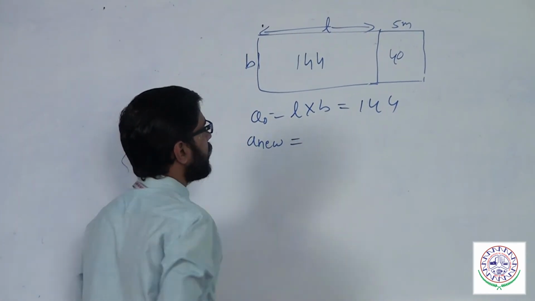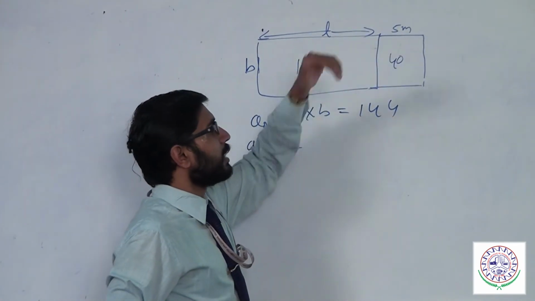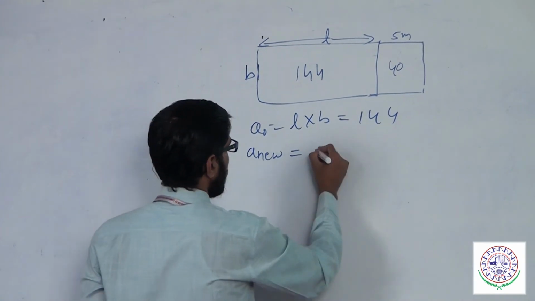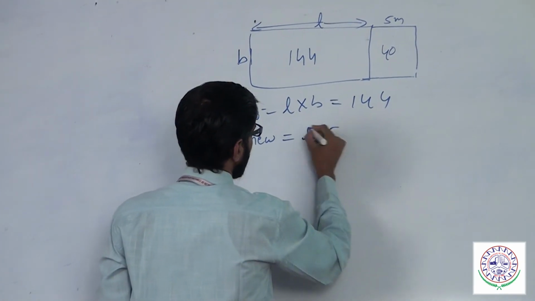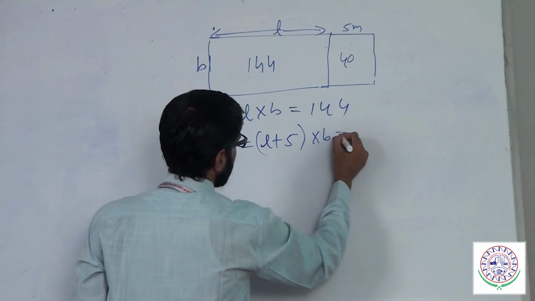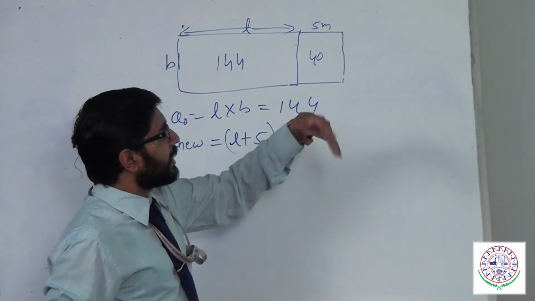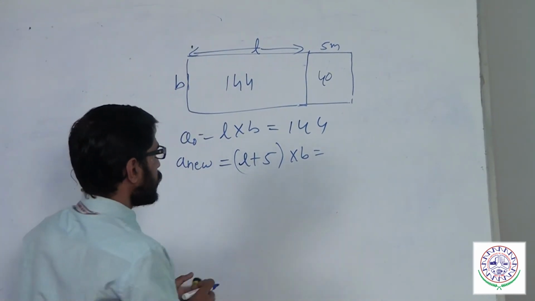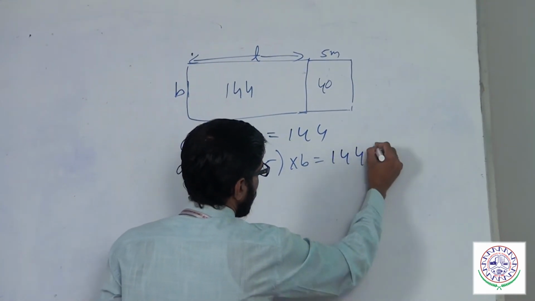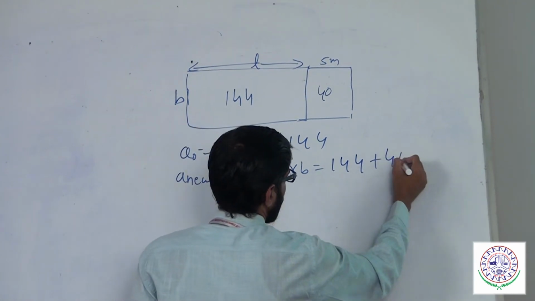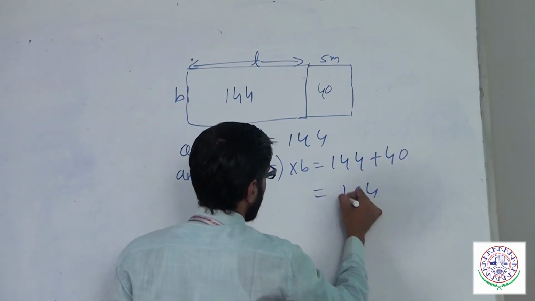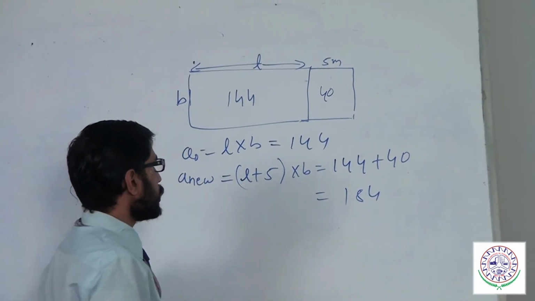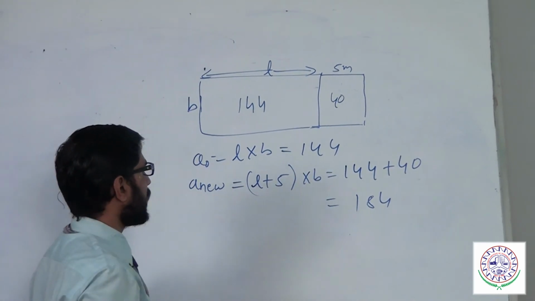In the new area, they have increased the length by 5 meters, so it will be (L plus 5) into B. Its area is increased by 40; the original was 144, so this will be 144 plus 40, which is 184 meters square.